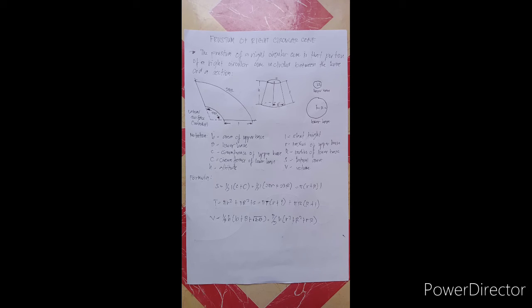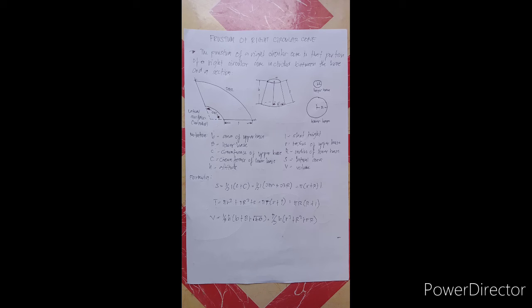So the volume of a frustum of a right circular cone is equal to 1/3 of the product of the altitude and the sum of the upper base and the lower base and the mean proportional between the two bases.